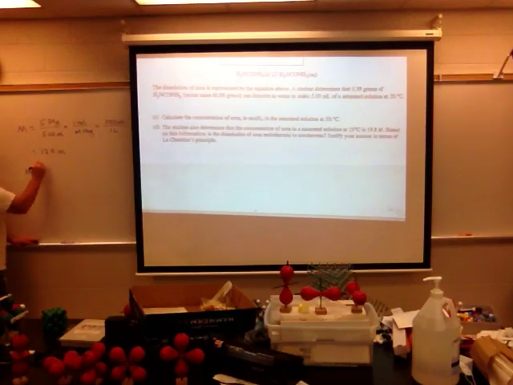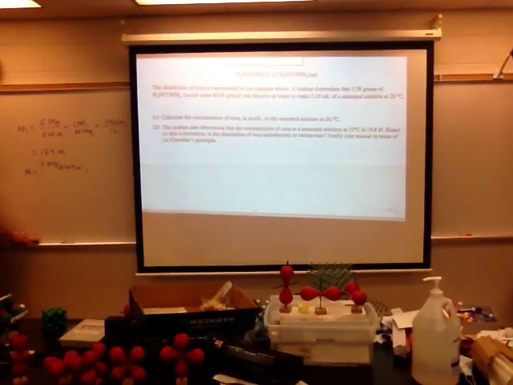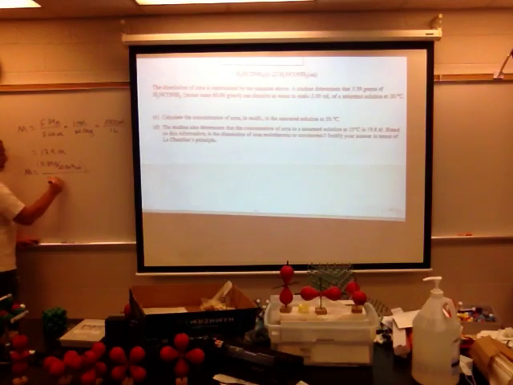Molarity is moles, so you can go 5.39 grams divided by 60.06 grams per mole. So what is that doing right there? What does this give me? Moles. Divided by liters, but I know that 5 milliliters is how many liters? And these are significant zeros, so we need to include them here, liters.